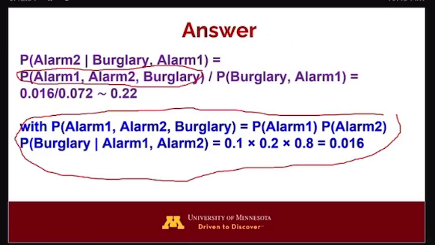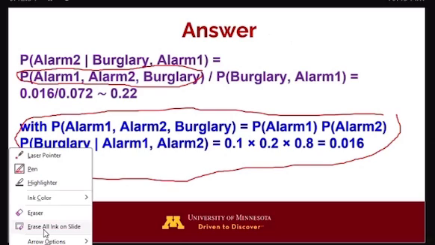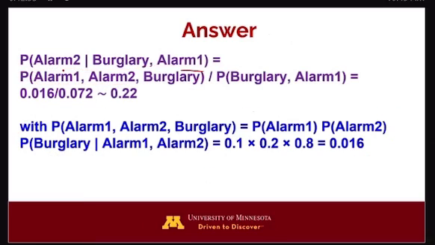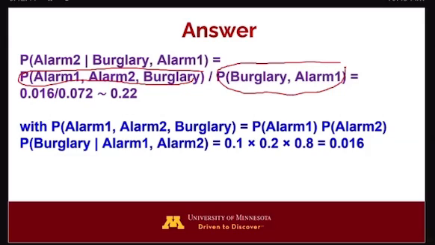After getting that, the next thing that I want to get is this guy. I want to get the probability of burglary given alarm 1. Now, look at that. Burglary given alarm 1 is going to be a total probability, which is going to be equal to probability of burglary, alarm 1, alarm 2, plus probability of burglary, alarm 1, complement of alarm 2.